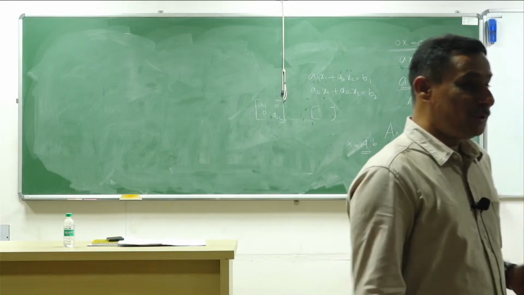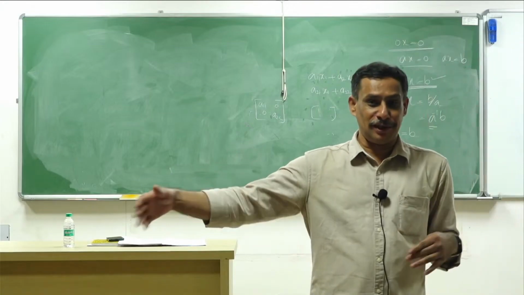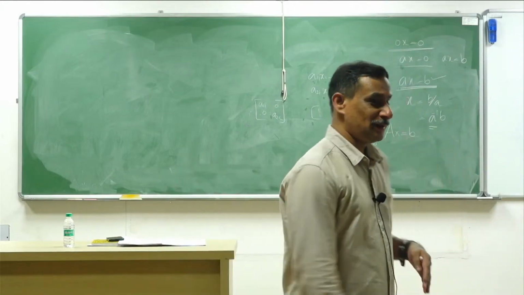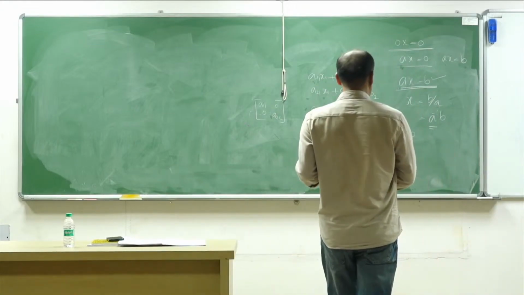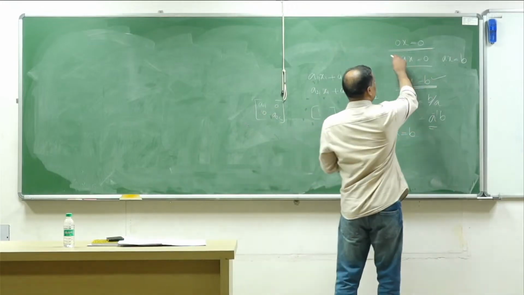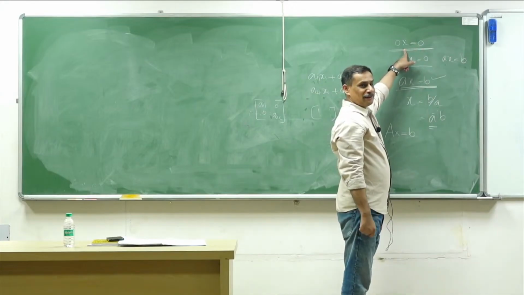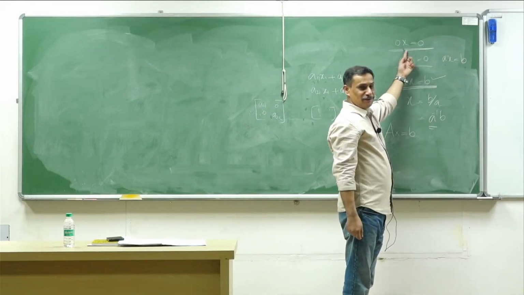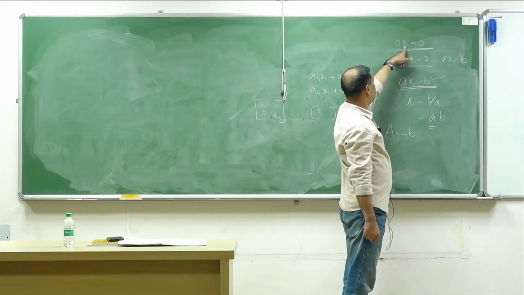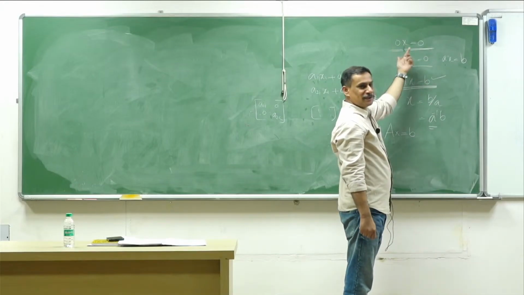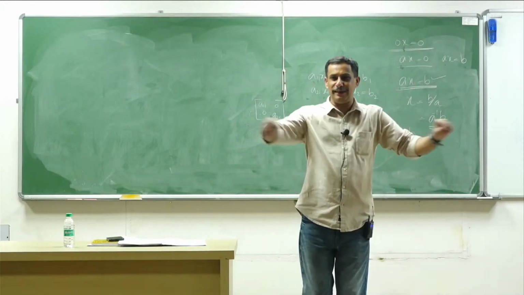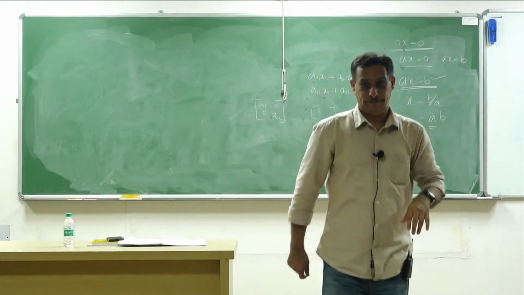The set of all solutions we call the solution space. The solution space is the entire real space. In this case it is one variable, so R1, the entire real line, is the solution space. If I substitute 7, it also satisfies, minus 3 also satisfies. So every real number is a solution.